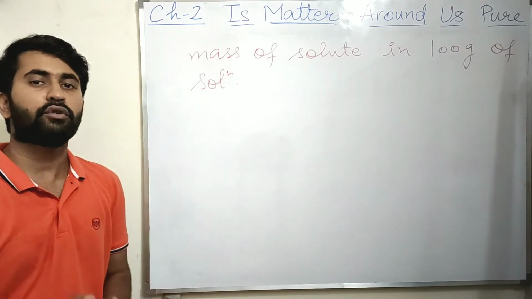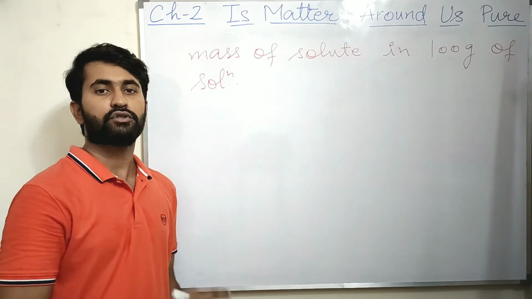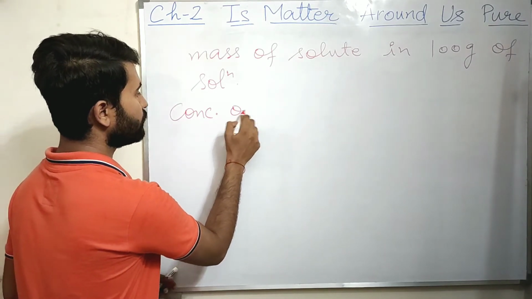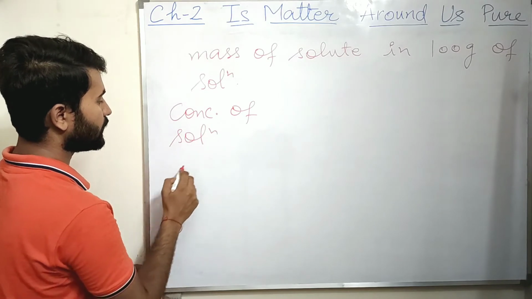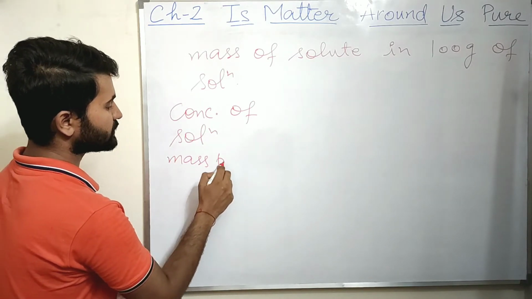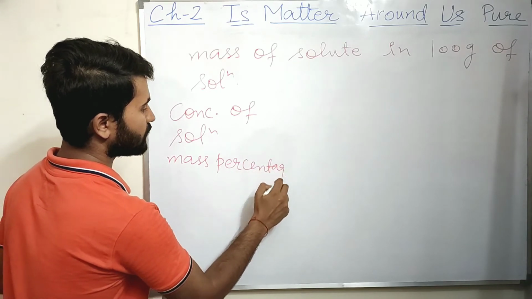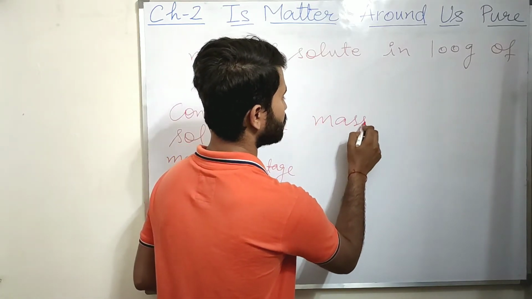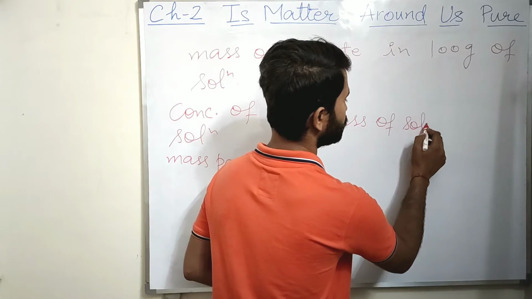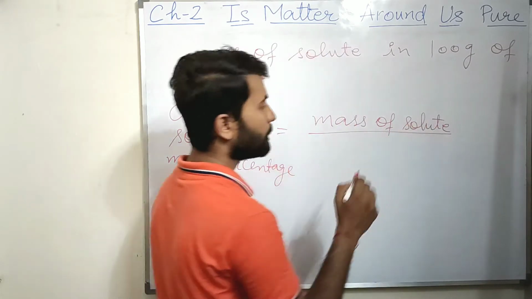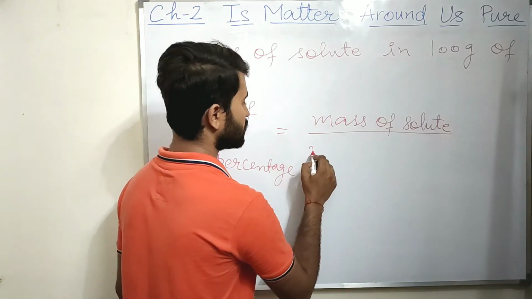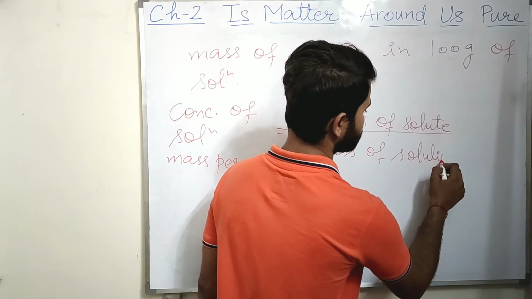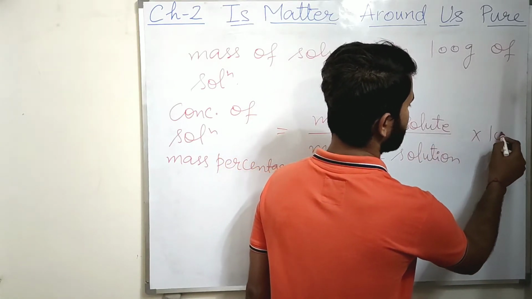So the formula for calculating concentration of solution in mass percentage: concentration of solution in mass percentage is equals to mass of solute upon mass of solution multiplied with 100.